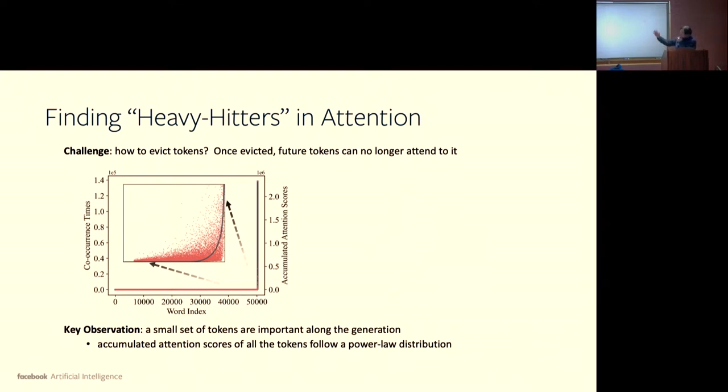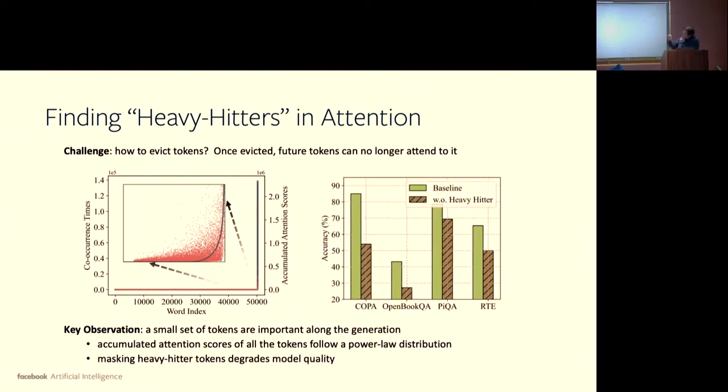This is also a good empirical justification of the correlation between the two. We also find that if you get rid of the tokens that have a lot of attention, then all of a sudden the downstream task performance drops substantially. So these are tokens that occur a lot and have a lot of attention in this feed-forward pass.